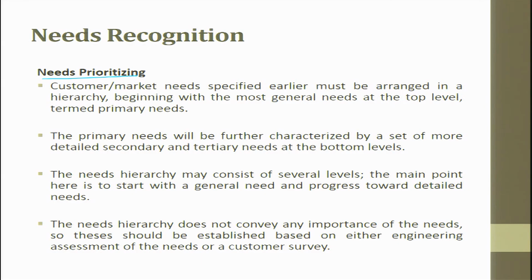Need prioritization means customer/market needs specified earlier must be rearranged hierarchically, beginning from the most general need at the top level, which is called the primary needs, then it keeps going down, secondary, tertiary, you will keep adding it. The need hierarchy may consist of several levels.